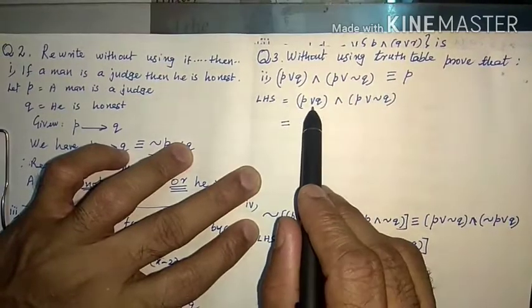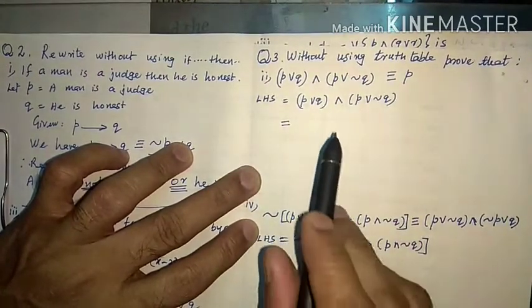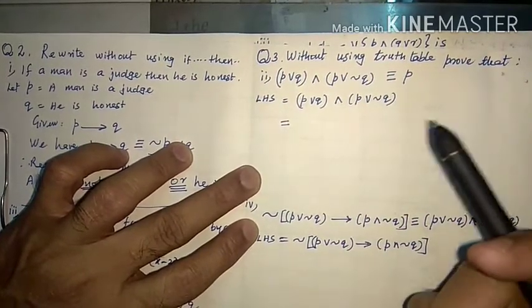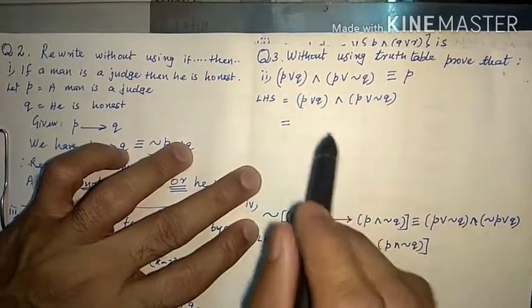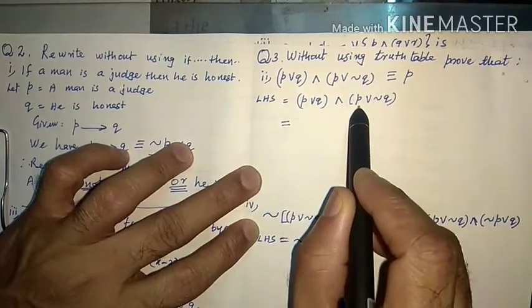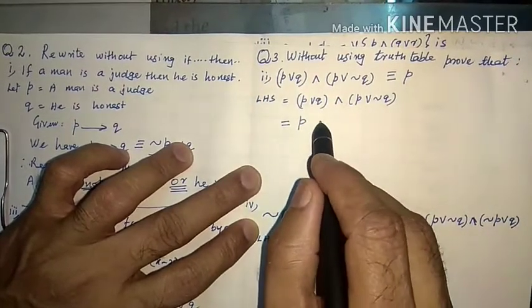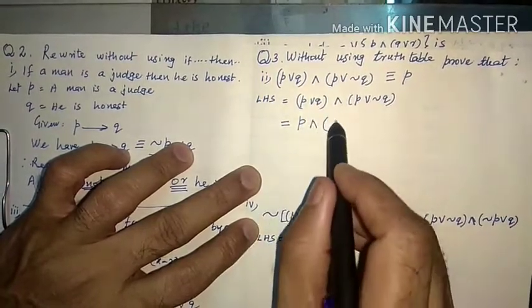Look here, we have different rules like De Morgan's law, absorptive law, distributive law. All those things we use here. See, P disjunction here, also P disjunction. We take that. Distributive law we are using. We take P common, then what is remaining here?